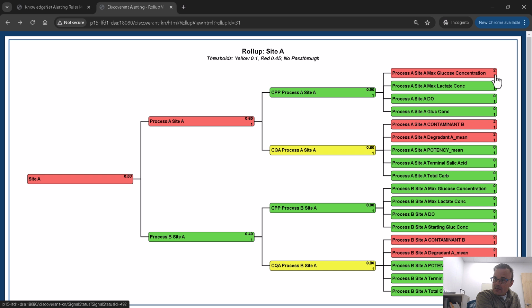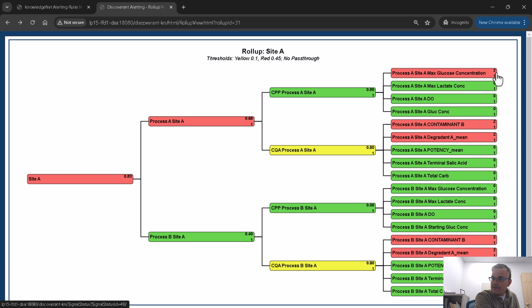Now, to calculate the 0.5, which is the summary of these, what you do is you take that top number, the 2, you multiply it by the weight. So in this case, it's all 1s for the weights. So 2 times 1. Then you add that together for each one of these. So 2 times 1 is 2. 0 times 1 is 0. 0 times 1 is 0. 0 times 1 is 0.